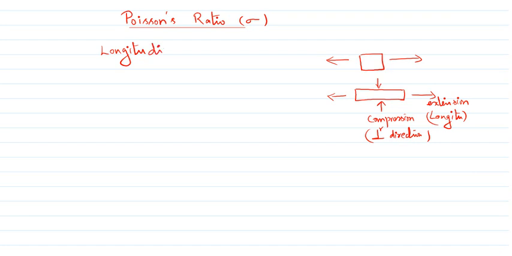So there are two terms, longitudinal strain and lateral strain. This is the fractional change in the longitudinal direction, and this is the fractional change in the perpendicular direction.